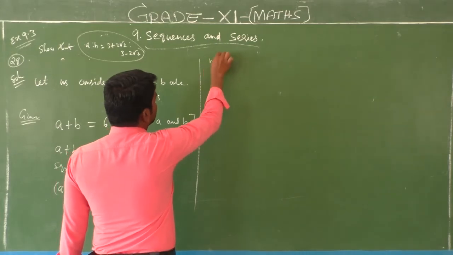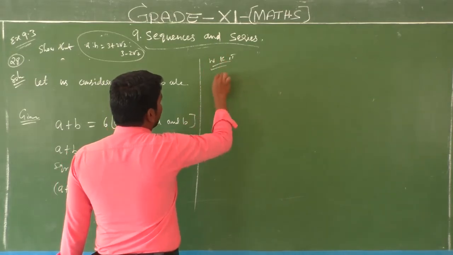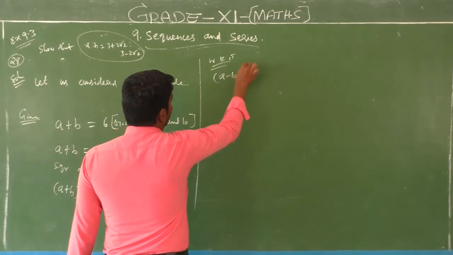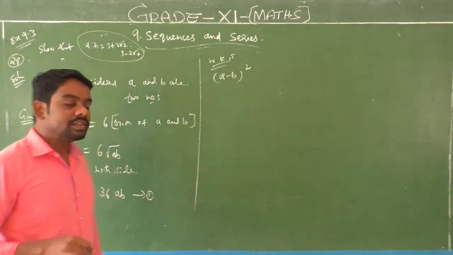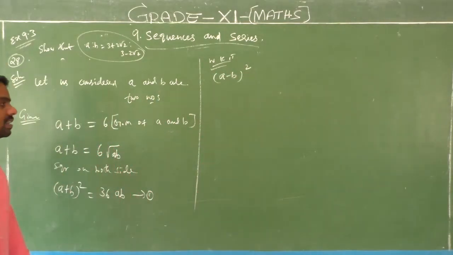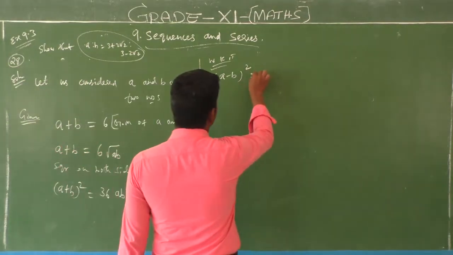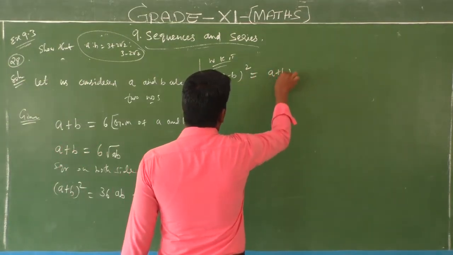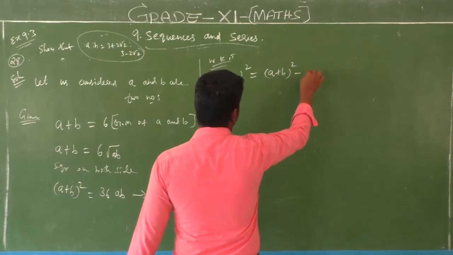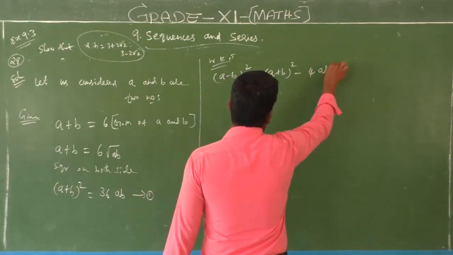We know the A minus B whole square formula. A minus B whole square is equal to A plus B whole square minus 4AB.